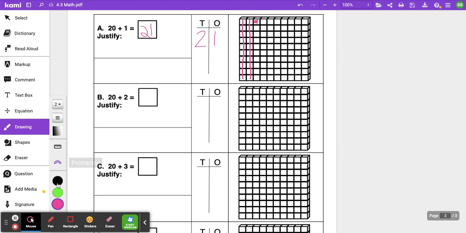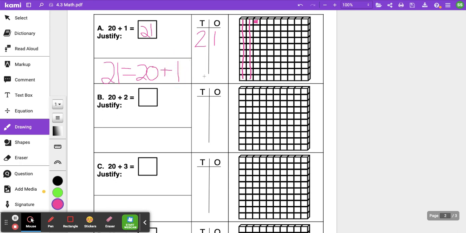And there it is. I can also write it another way by showing that 21 is equal to 20 plus 1. And that's all that we're doing on this page, okay?